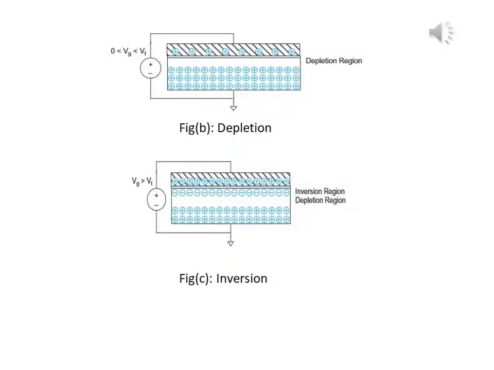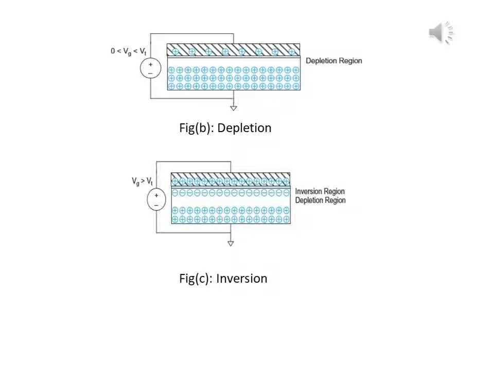The holes are repelled further and some free electrons in the body are attracted towards the region beneath the gate. These are the free electrons in the p body, attracted towards the gate in this condition.